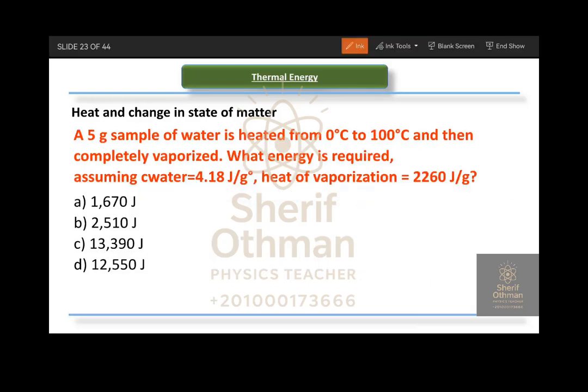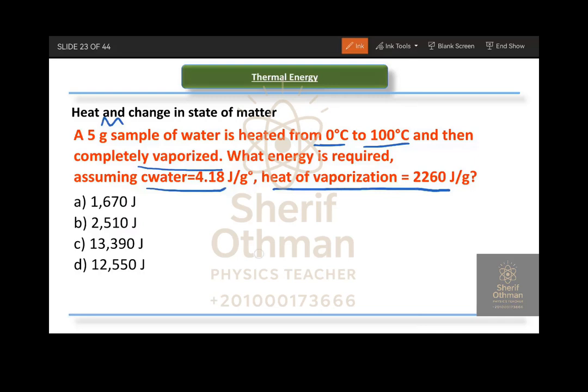A 5-gram sample of water, so it's the mass, is heated from 0 to 100 and then completely vaporized. What energy is required, assuming the specific heat of water is 4.18, and the heat of vaporization is 2260?